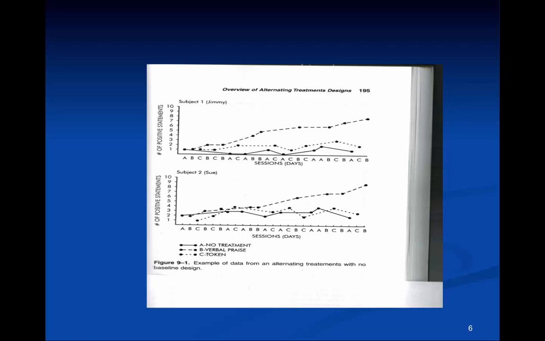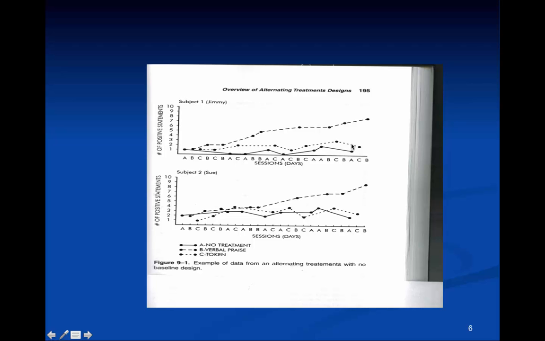All right, so here's an example of a no baseline alternating treatment design. These are the conditions that are run. You connect the lines. And you can see that for this one, it was the number of positive statements for Jimmy and Sue, and baseline, no treatment, baseline. For Jimmy, it's pretty low, lower than everything else. A little bit better was verbal praise.